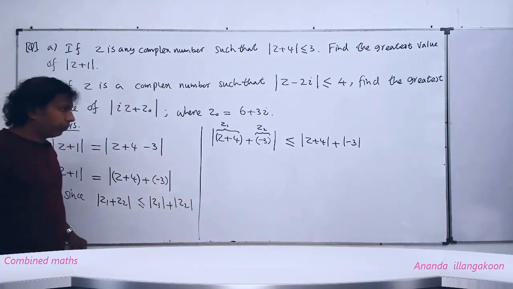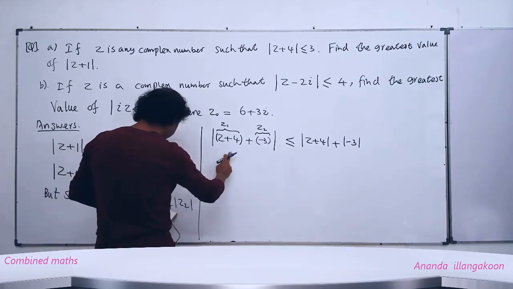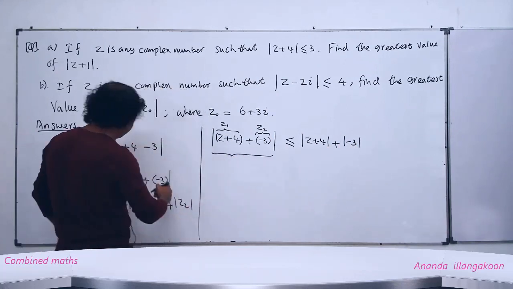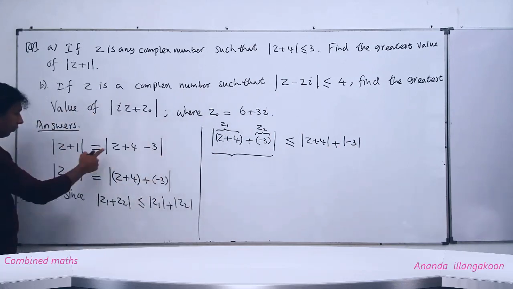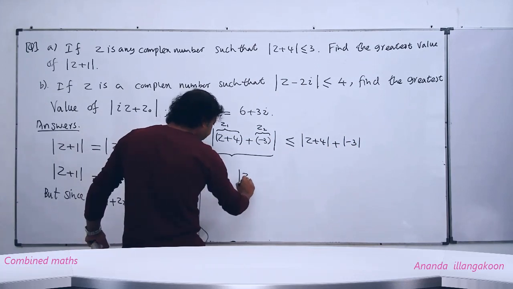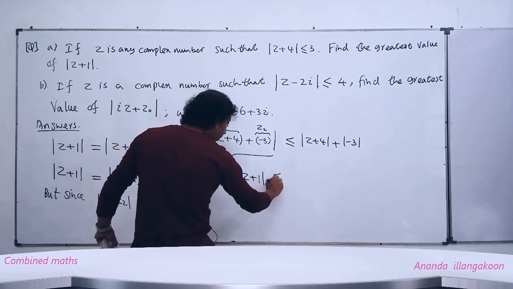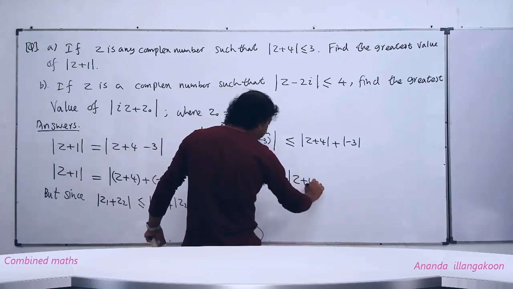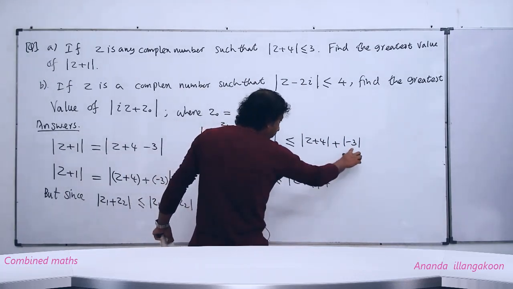But people, you know, this whole thing is nothing but this one. There you have |Z + 1| is less than or equal to |Z + 4| plus the modulus of minus 3, which is 3.